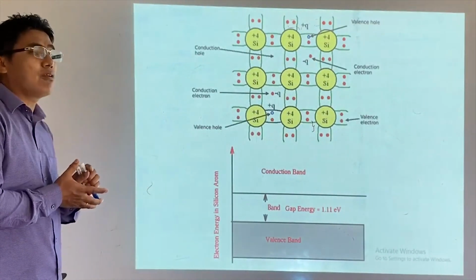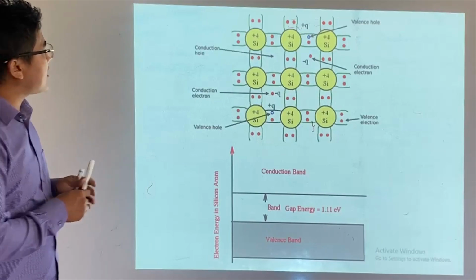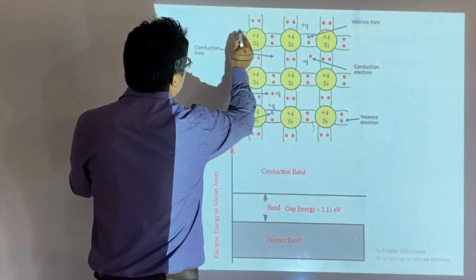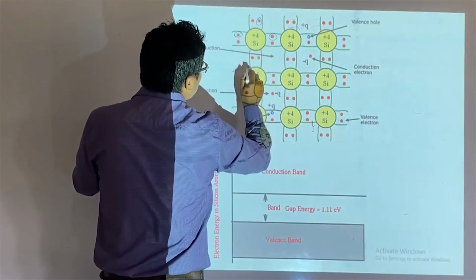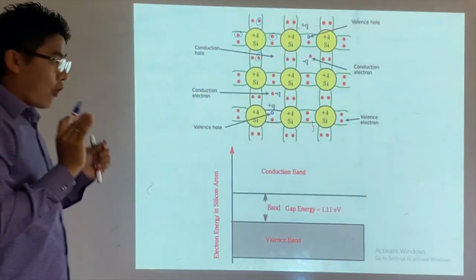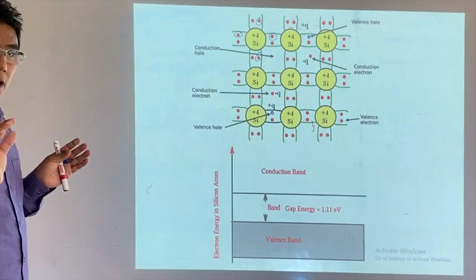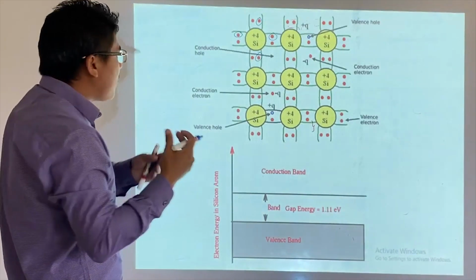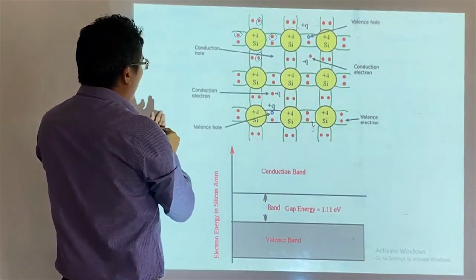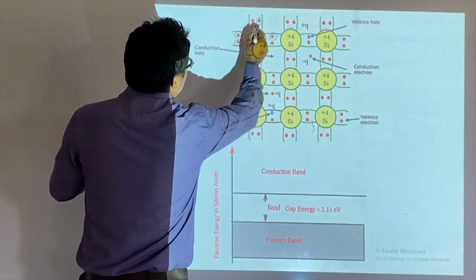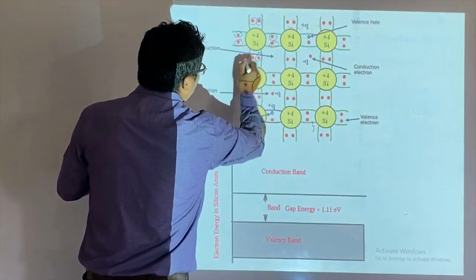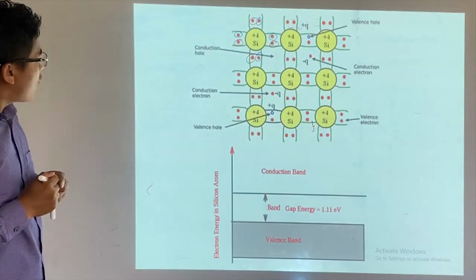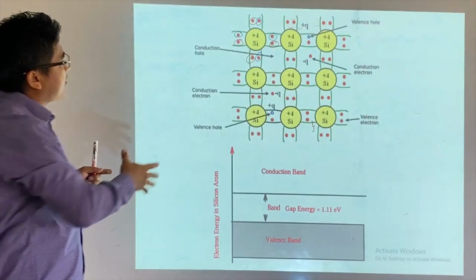This is a two-dimensional figure. Look here, this is silicon. Each silicon has four valence electrons, sharing with four other silicon atoms and forming four covalent bonds. So this is the network.